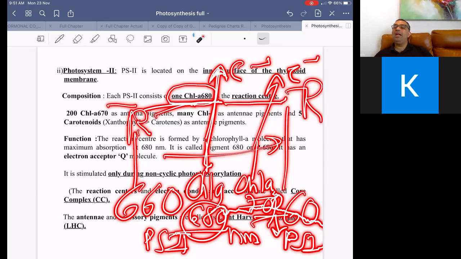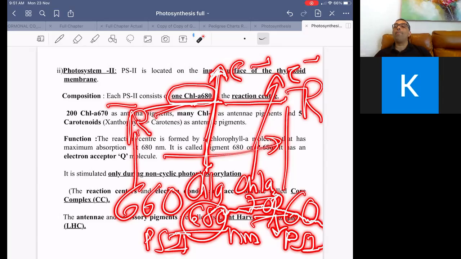So PS2 at what wavelength energy electron is expelled? 680 nanometer of red light में electron of chlorophyll A is expelled and goes to electron carrier, for which reason photosystem 2 is called P680, and photosystem 1 में at what wavelength does electron get excited? 700 nanometer.